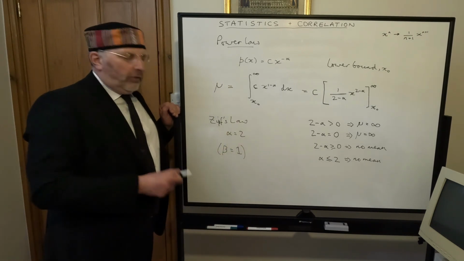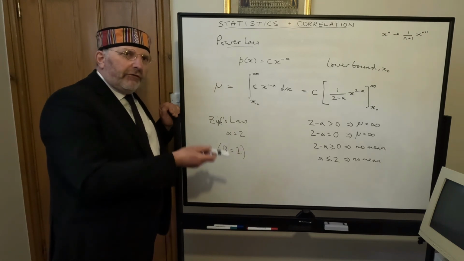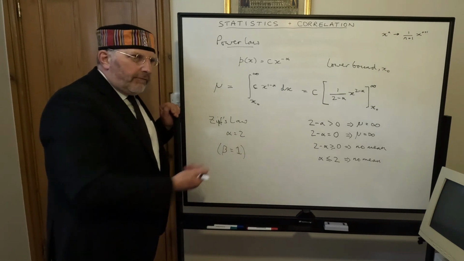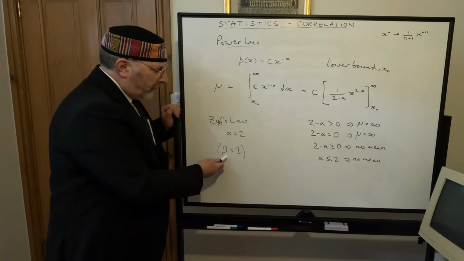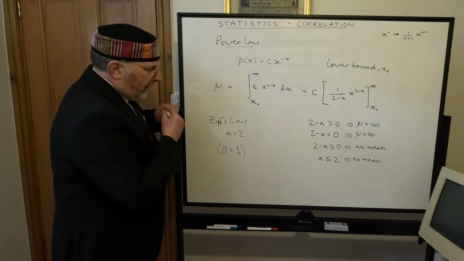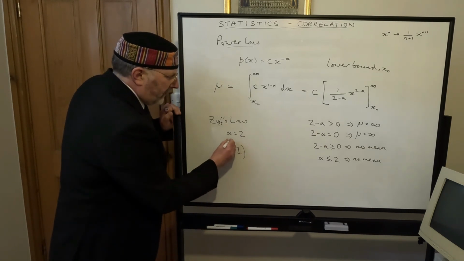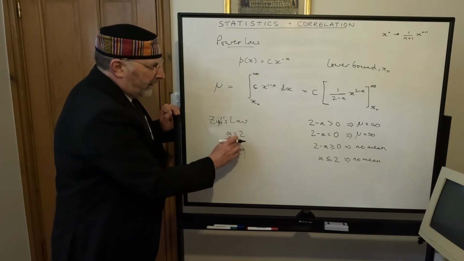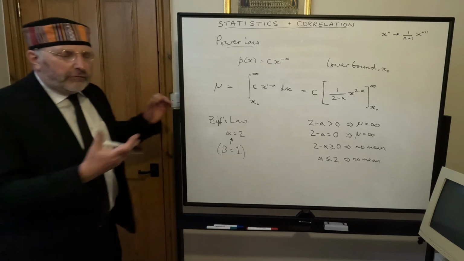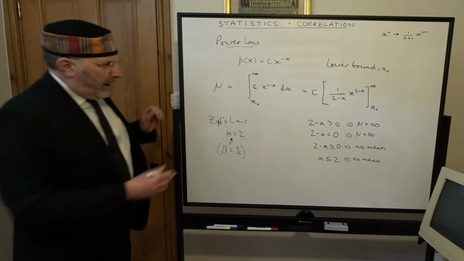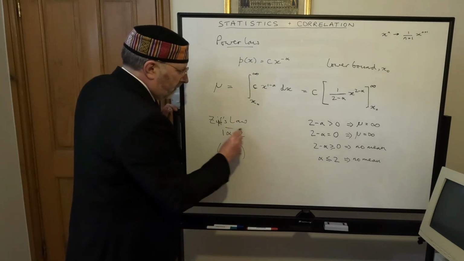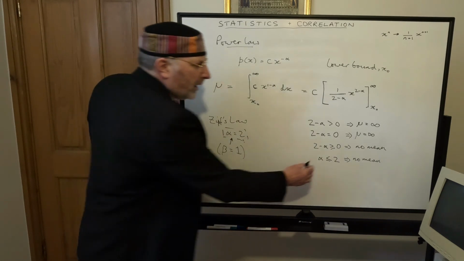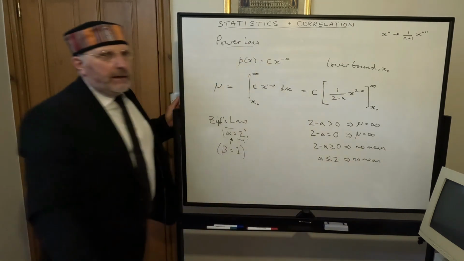That is Zipf's law. It is found, for example, in cities or in the frequencies of words in language. So beta is 1, and when beta is 1, the exponent of the probability density function alpha is 2. We derived and showed that earlier. So anyway, for Zipf's law, alpha equals 2, which means that there's no mean.